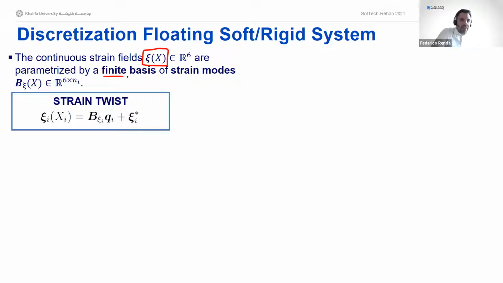By employing a finite set of strain modes represented by a matrix B. Doing so, our strain can be written in this form, where q is our new generalized coordinate for the soft link. And ξ star represents the strain of the link in the unloaded configuration without any elastic energy inside.